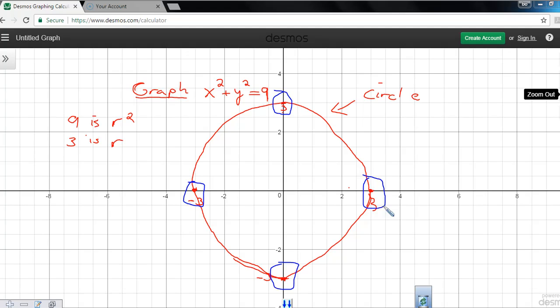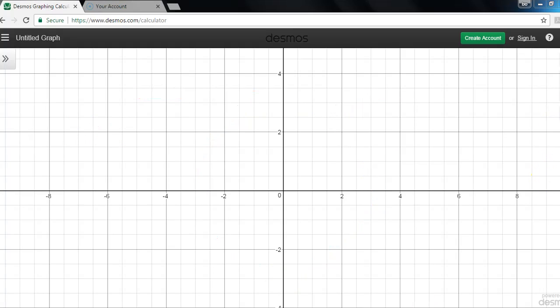One last example before we go, because I know that if I don't at least mention this, it's going to confuse some people. So let me clear my graph here. And let's do one more example.